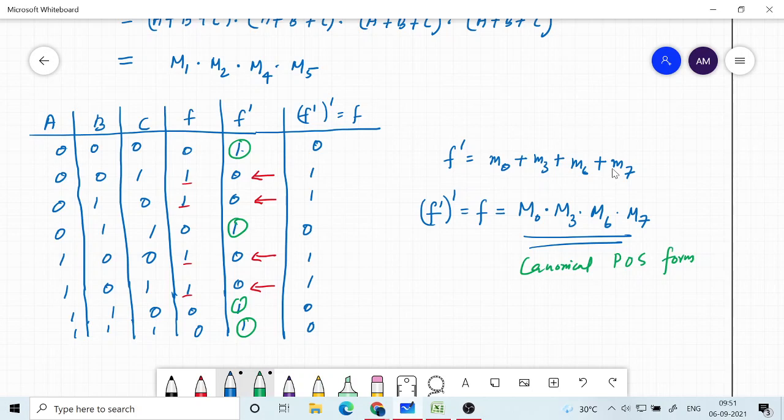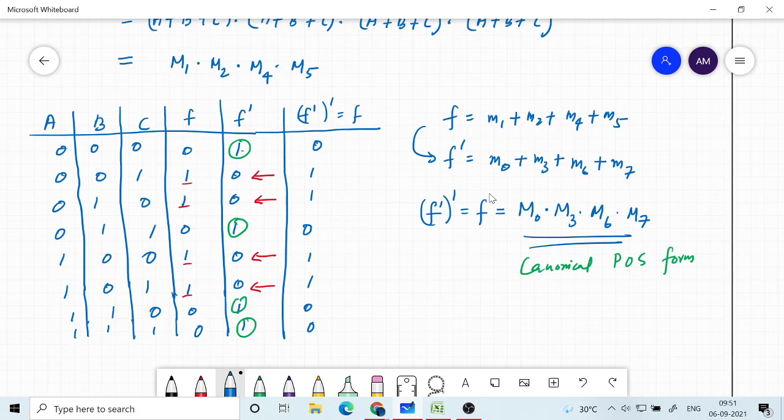So what was given earlier is f. So f was m1 plus m2 plus m4 plus m5. From this we go to f dash.